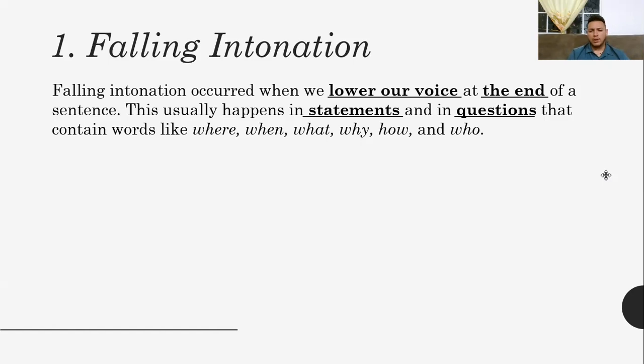When we listen to the power of the voice and identify that it's lower at the end of the sentence, that means that we are using falling intonation.